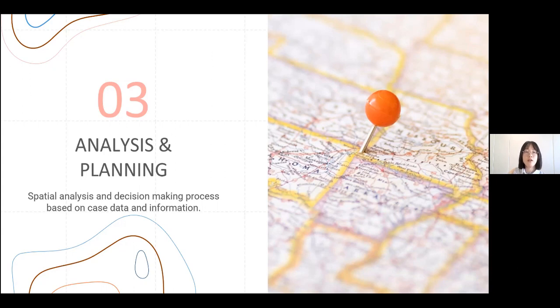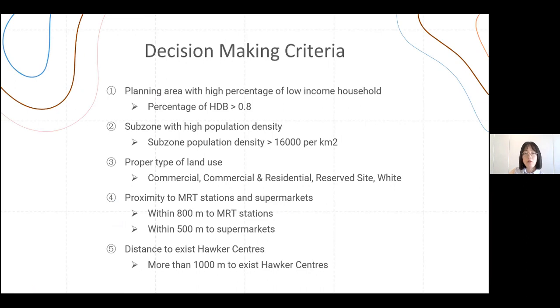And so here, first, we have clarified all these goals with clear criteria. First, for the planning area with high percentage of low-income household, we would consider those planning areas with a percentage of HDB population more than 80% as those with high percentage of low-income household.